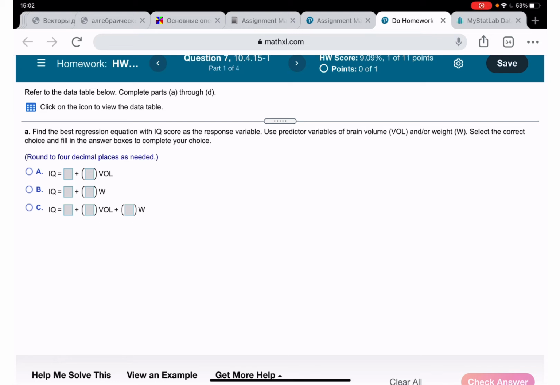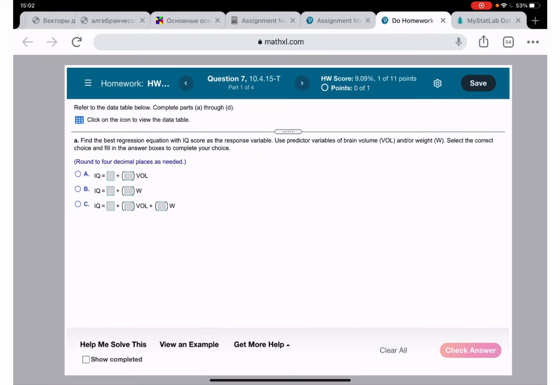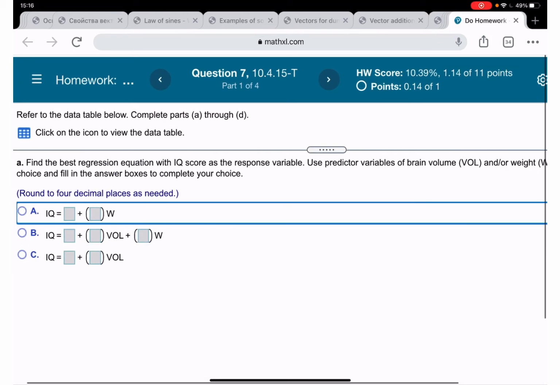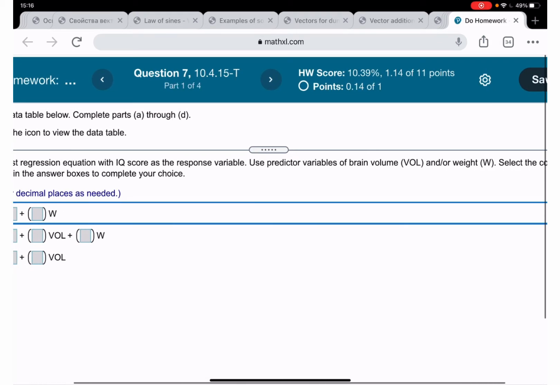Finally, moving to question number 7. What do we have here? Refer to the data table below, complete A through B. Pay attention that here it says use predictor variables of brain volume and or weight.